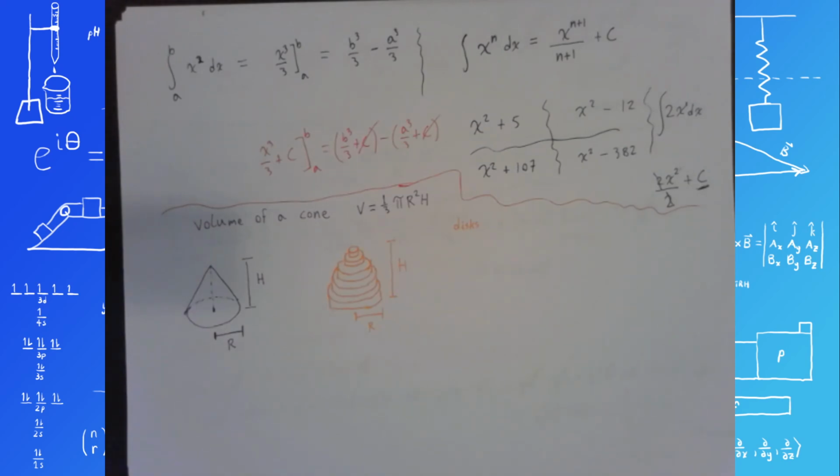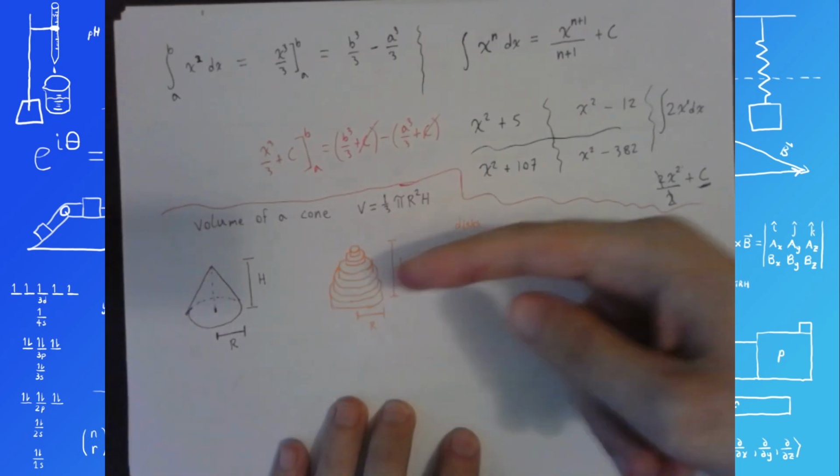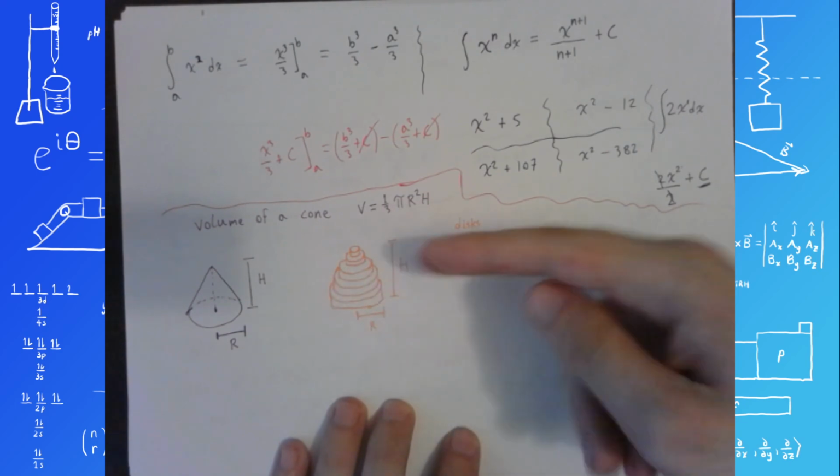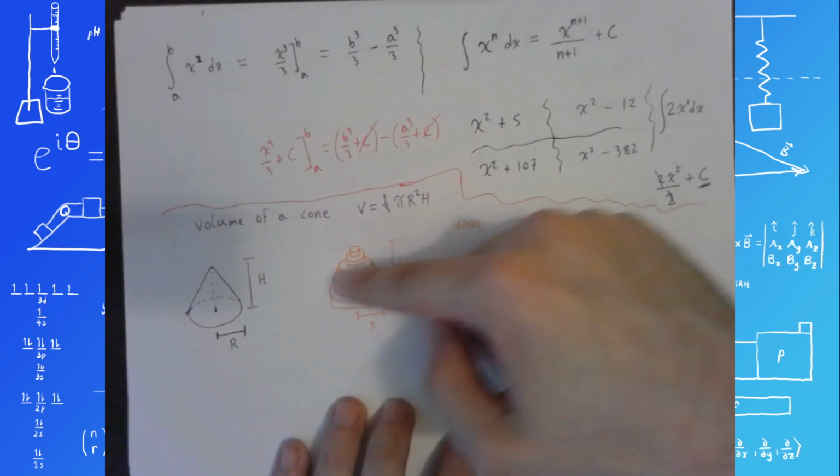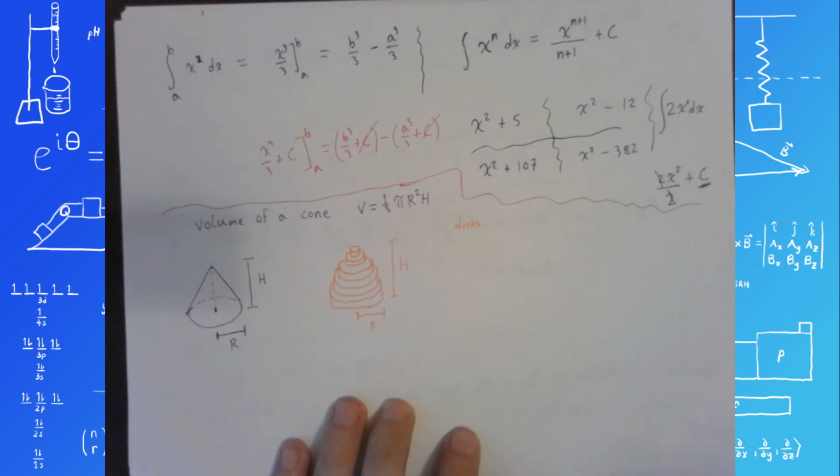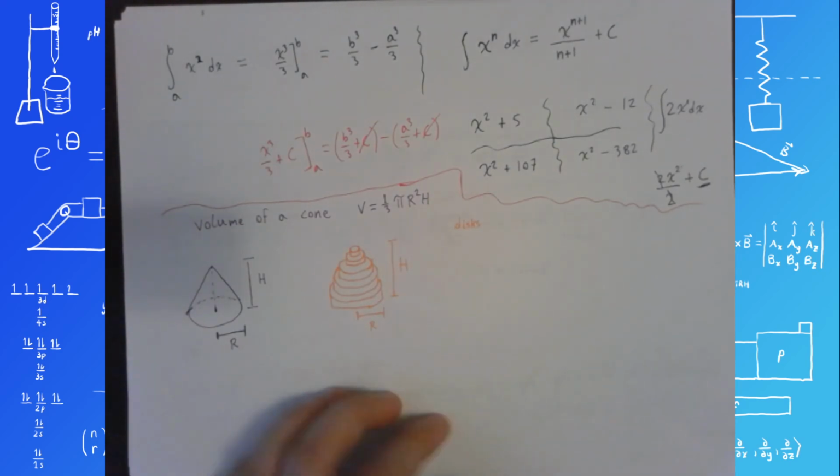So what if I sliced these disks thinner and thinner and thinner, and I just stuffed as many disks as I could? Like if I stuffed more disks between the ones I've already drawn, and then even more disks between those disks, and so on and so forth.